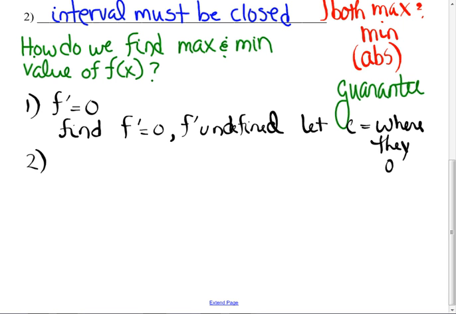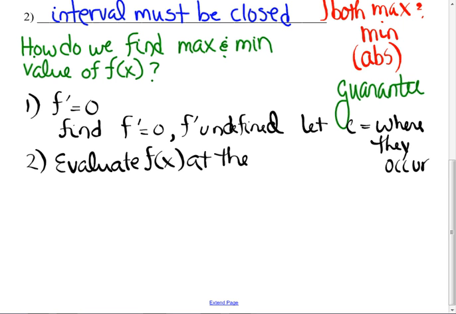We're going to do a problem. So you want to find out where the derivative is 0 or where the derivative is undefined. That's all you have to do. And then you evaluate, and I do it in a table, f of x at these critical points. Not the derivative, but the function.